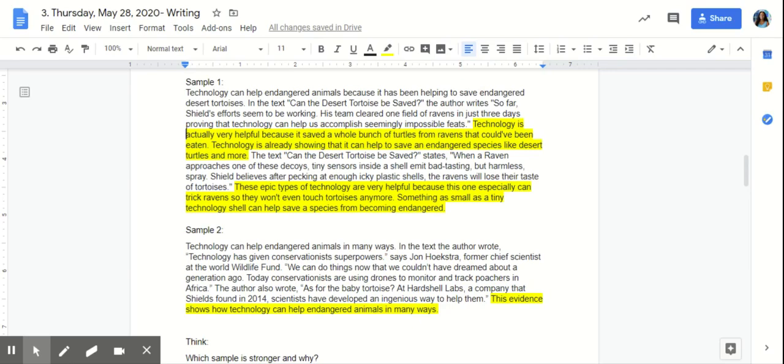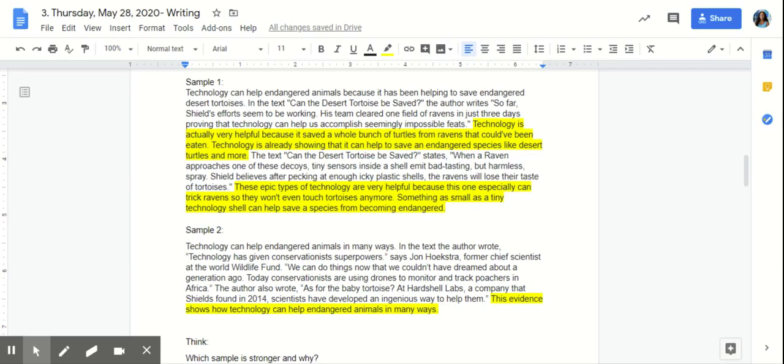Today, conservationists are using drones to monitor and track poachers in Africa. The author also wrote, as for the baby tortoise, at Hardshell Labs, a company that Shields found in 2014, scientists have developed an ingenious way to help them. This evidence shows how technology can help endangered animals in many ways.